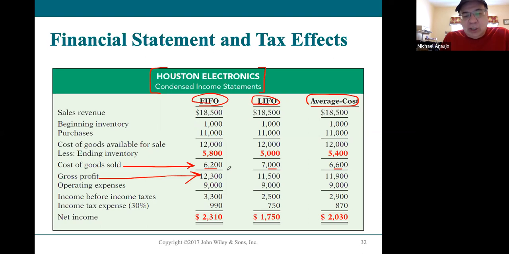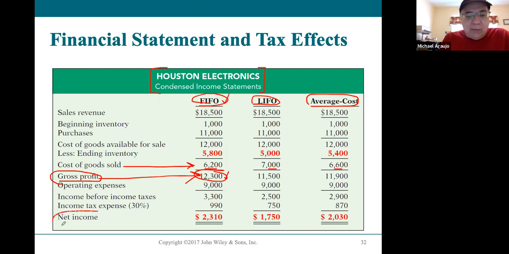The best thing to do if I were Houston Electronics, okay, is I would want to pick the inventory cost flow method that gives us the largest gross profit, okay? And so if I were Houston Electronics, I would say that using the FIFO method is the best method for our company because it produces the very best gross profit.